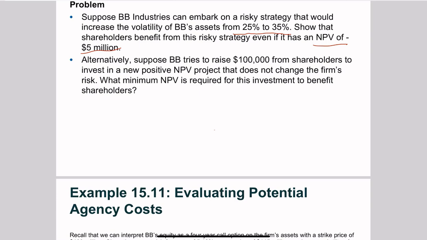Okay, think about this. We know that equity can be written like this. So A refers to the firm's asset, A delta plus B, which is a risk-free bond. Again, I'm just assuming I am replicating the value of equity with the firm's asset and a risk-free bond B.